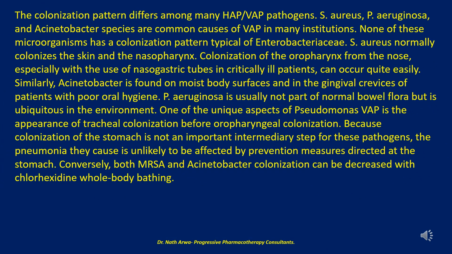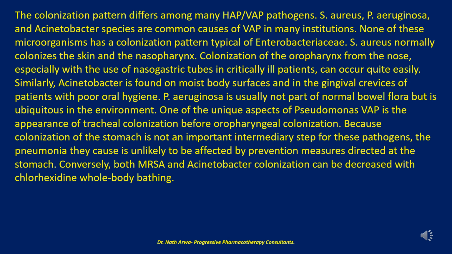The colonization pattern differs among many hospital-acquired pneumonia or ventilator-associated pneumonia pathogens. Staphylococcus aureus, Pseudomonas aeruginosa, and Acinetobacter species are common causes of ventilator-associated pneumonia in many institutions. None of these microorganisms has a colonization pattern typical of Enterobacteriaceae.